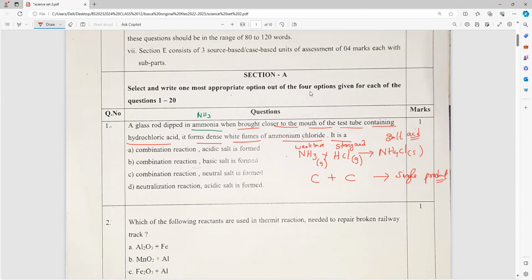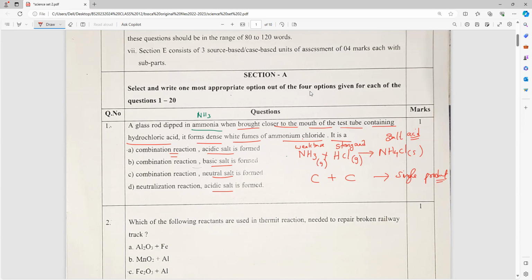Because the options given are acidic salt, basic salt and neutral salt, you cannot select combination reaction. So it is definitely a neutralization reaction.